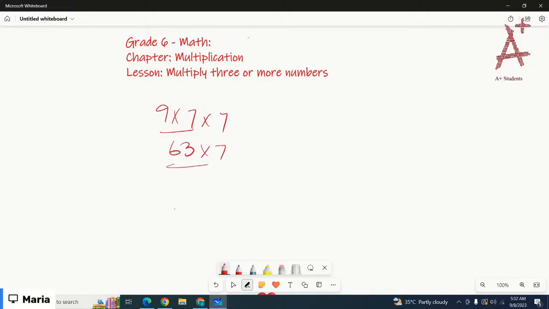Now you are left with again two numbers. You can simply multiply them. 63 times 7: 7 times 3 is 21, 1 and 2 carry. 7 times 6 is 42 and 2 is 44. So it would be 441. The product of 9 times 7 times 7 is 441, right?